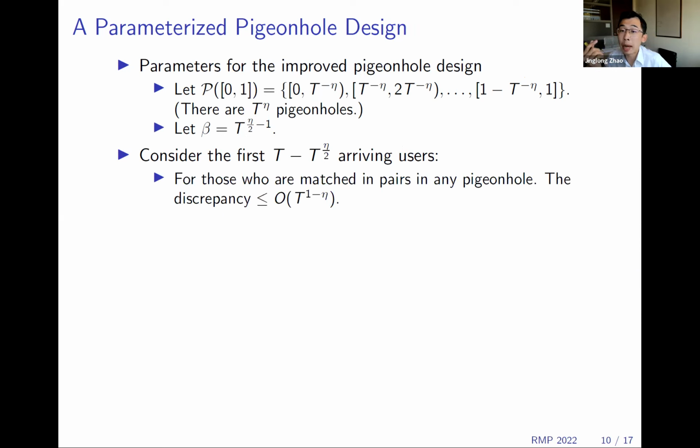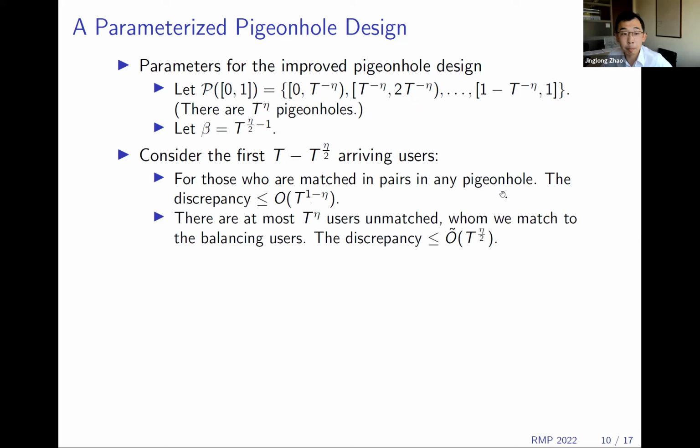So for those matching pairs within each pigeonhole, the discrepancy is going to be t to the negative eta. And there are on the order of t users who arrive during these periods. So we multiply t with this t to the negative eta. So in total, the total discrepancy is going to be t to the 1 minus eta.